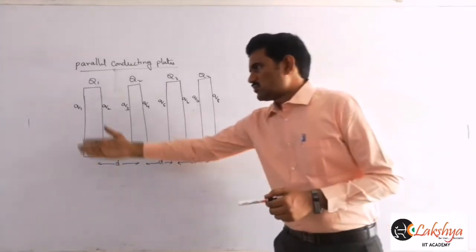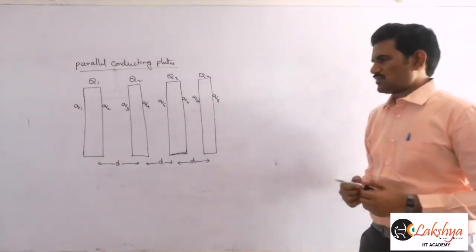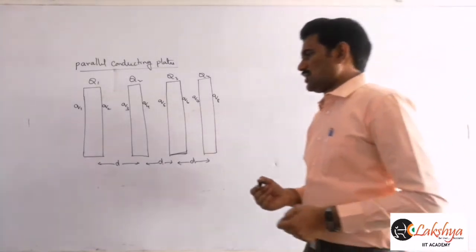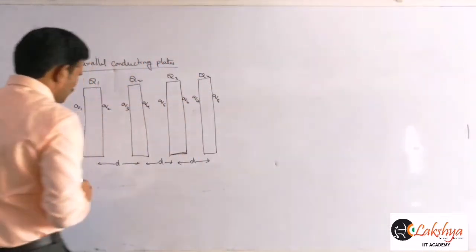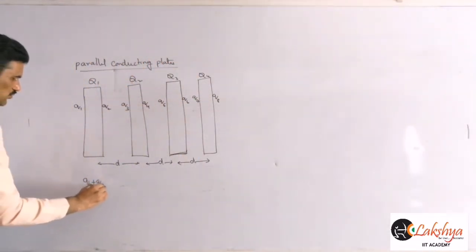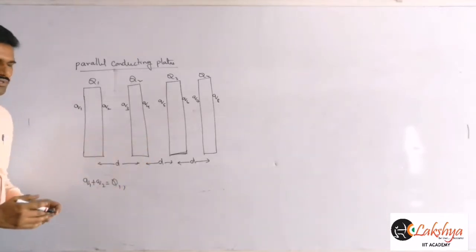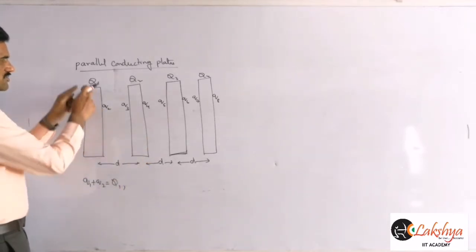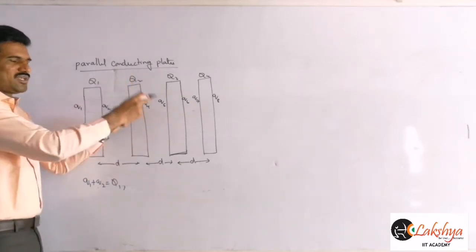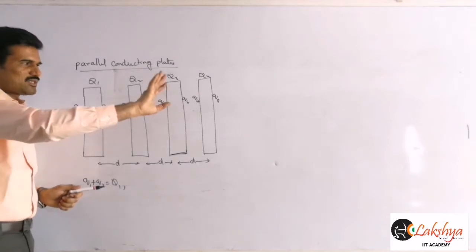We need to derive an expression for these charges in terms of the total charges. That is a very easy calculation. Just by observing this, by the conservation of charge, q1 plus q2 is equal to capital Q1. Like that, some basic relations you can write here. The sum of these two charges must be equal to Q1, the sum of these two must be equal to Q2, like that. We are assuming all are isolated from each other.